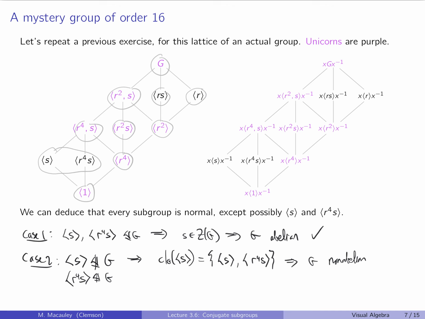Maybe this is a made-up, well, you know me too well to know that I would give you a fake lattice here. This is the subgroup lattice of at least one group of order 16. And at this point, I encourage you to think about what this is. I'm going to show you in the next 2 slides, but it's fun to take a guess or try to figure it out first.